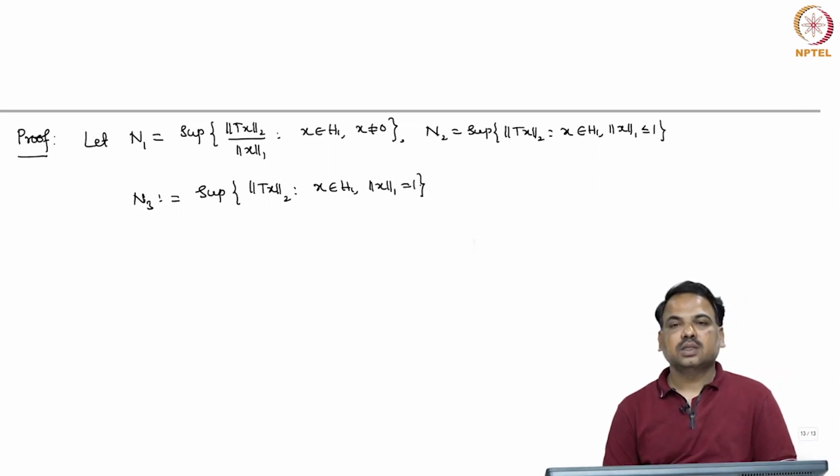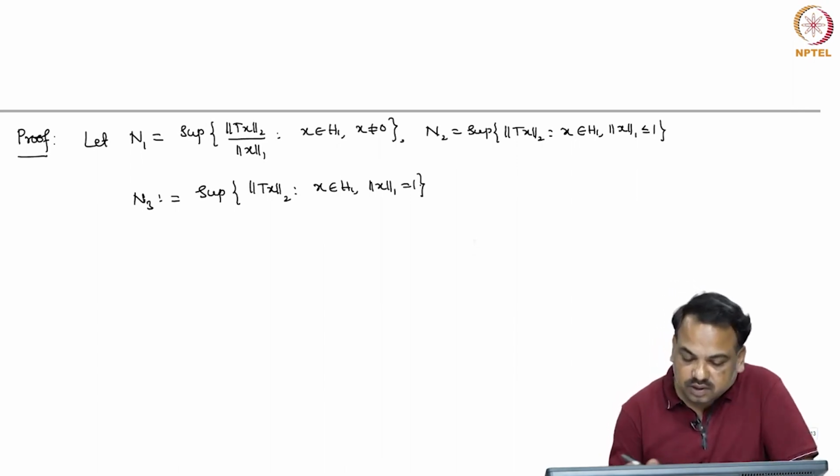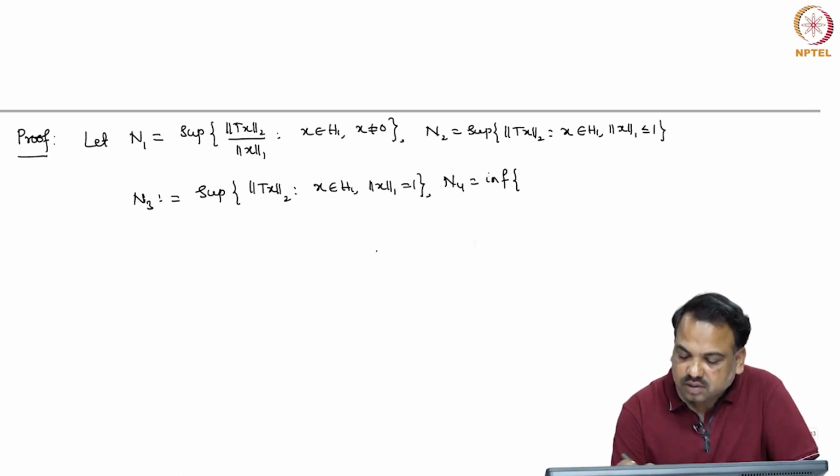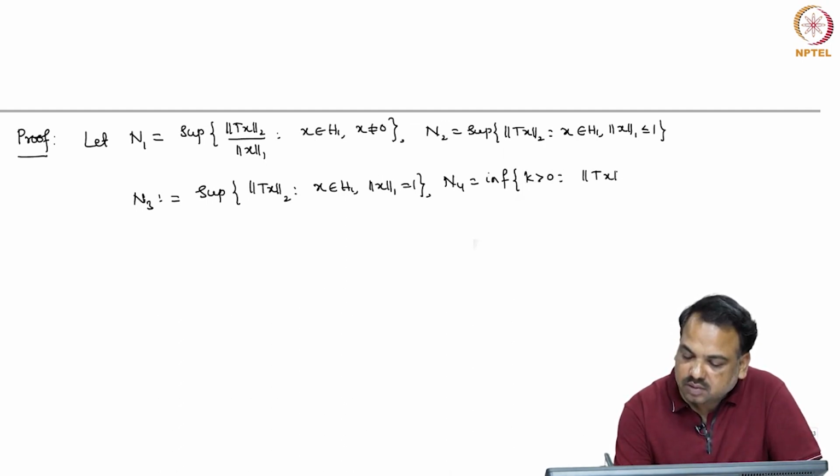The set of all x in H1 with norm x equal to 1 is called the unit sphere of H1, and let us call the last quantity the infimum of k bigger than 0 such that norm Tx is less than or equal to k times norm x for every x in H1.